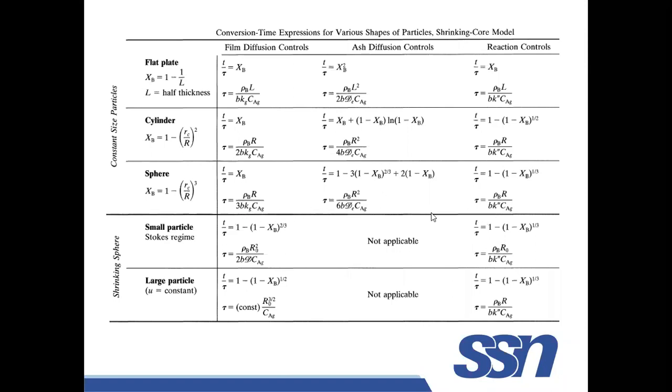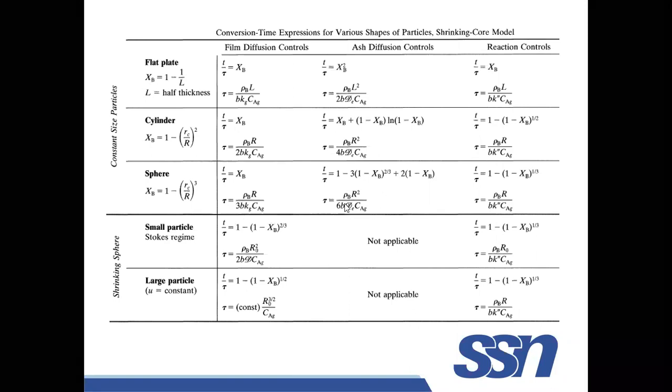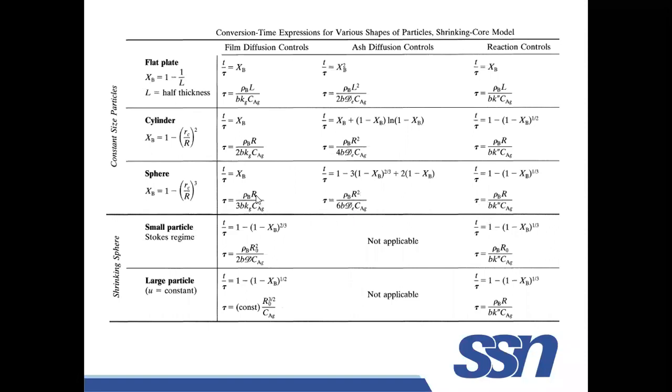So here you can see the difference between all of these. The b is there in all. Here 3 is there, here 6 is there, and here there is no coefficient. Rho B is common for all. R for film diffusion and reaction is R alone, whereas for ash resistance it will be squared.